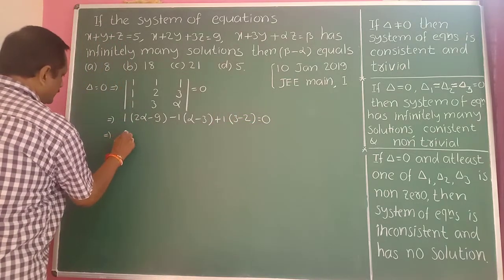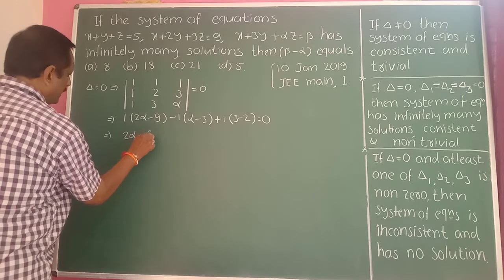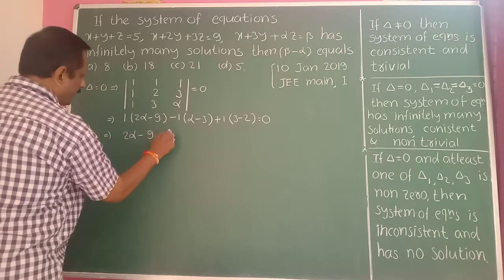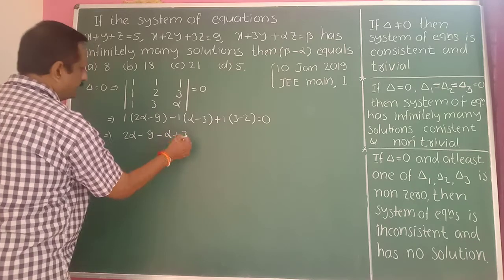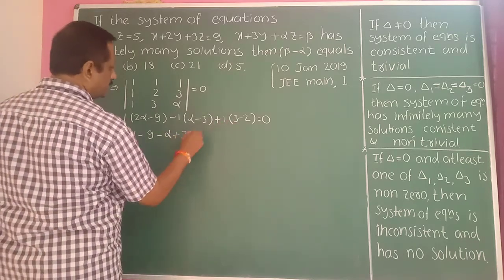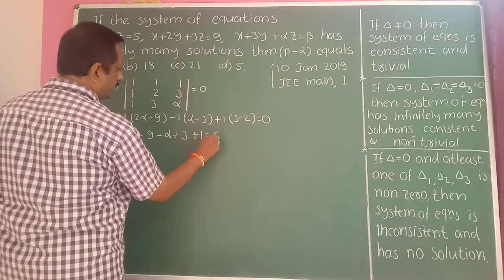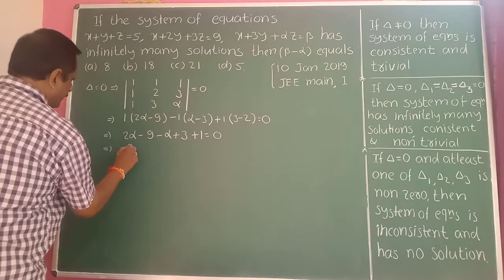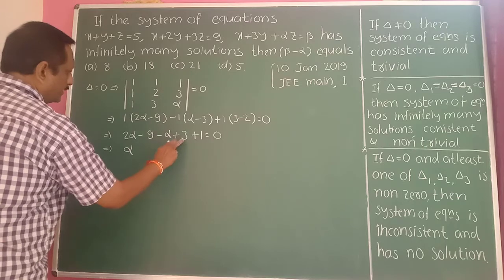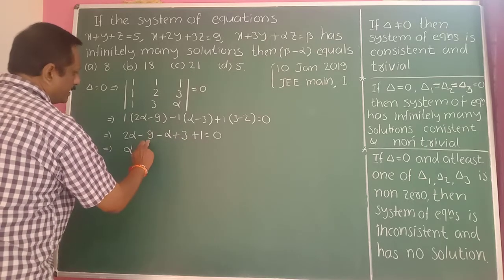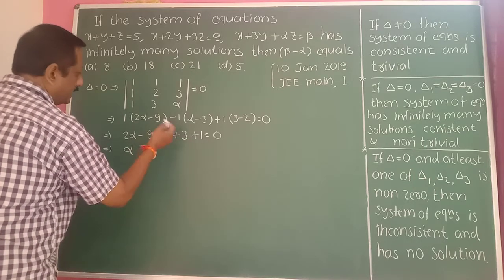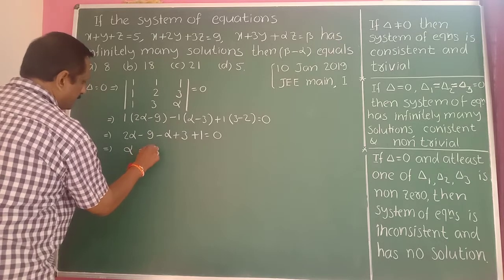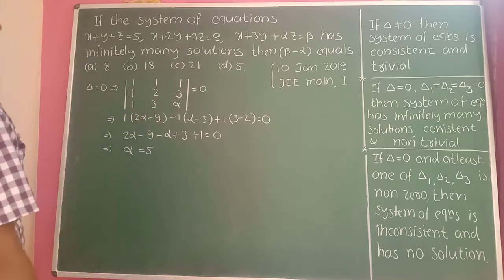So 2 alpha minus 9 minus alpha plus 3, 3 minus 2 gives 1, that is equal to 0. Here 2 alpha minus alpha becomes alpha, 3 plus 1 becomes 4, minus 9 plus 4 is minus 5. Take minus 5 to the right hand side. So alpha value is 5.